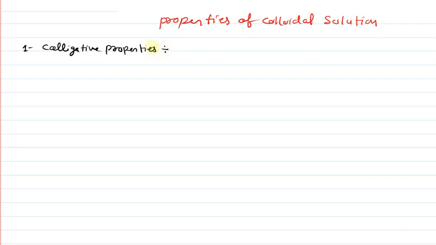As we all know, colligative property mainly depends on the number of particles, not the nature of particles. We know in true solution the size of particle is very small.